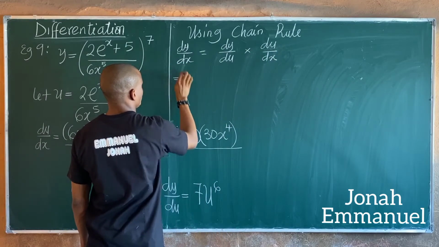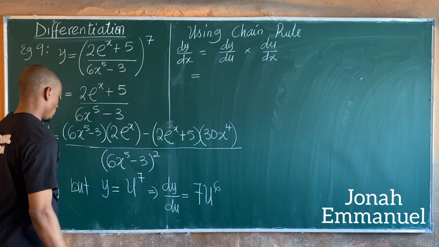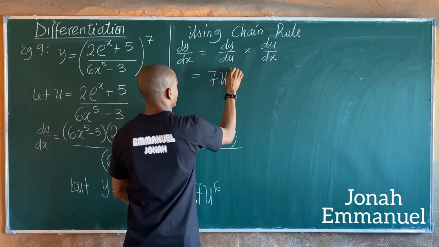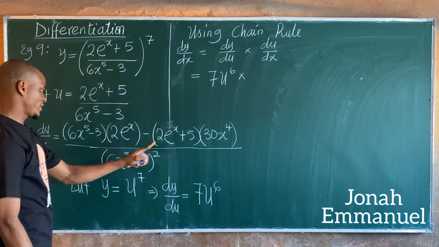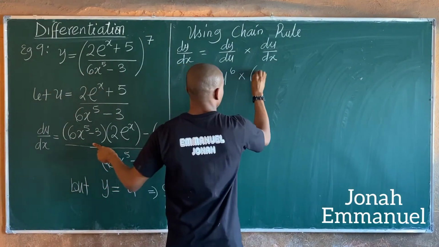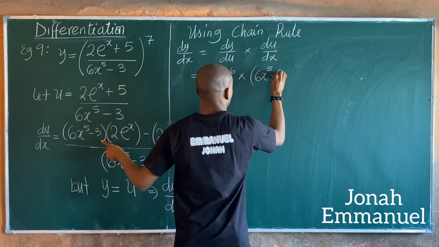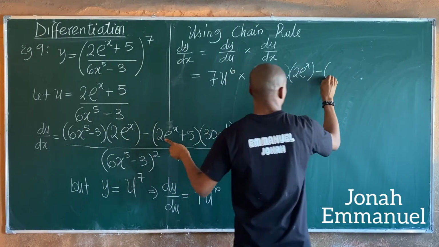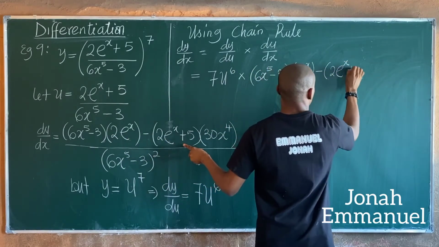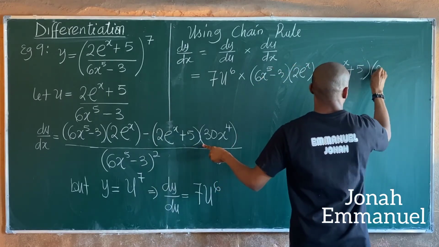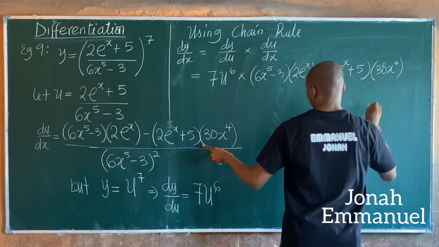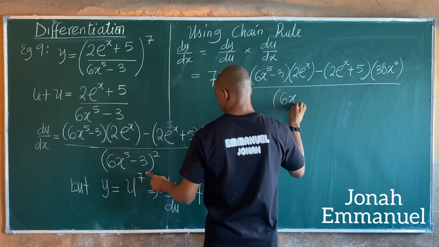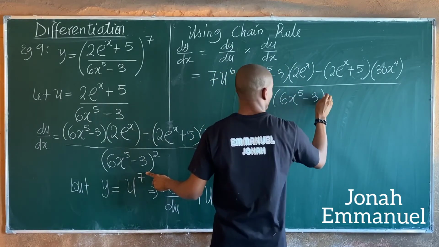This is now equal to dy du, this thing here, 7u to the power 6, times du over dx, this one here: 6x to the power 5 minus 3 into 2 exponential x minus 2 exponential x plus 5 into 30x to the power 4, all over 6x to the power 5 minus 3 all squared.